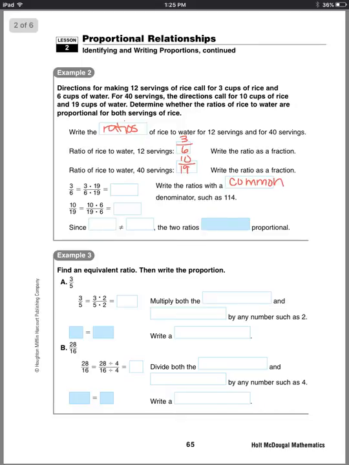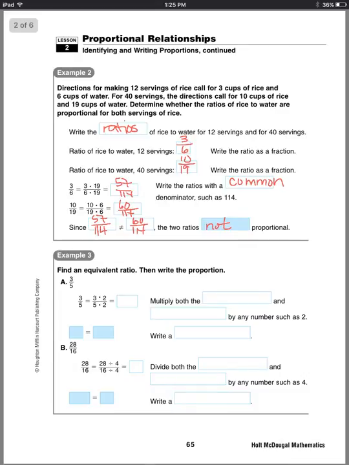So we have to multiply 6 by 19 to get 114. And 3 times 19 is, I believe, yes, 57. Okay? And then we have to multiply the 19 by 6 to get 114. And 10 times 6 is 60. So since 57 over 114 is not equal to 60 over 114, the ratios are not proportional.